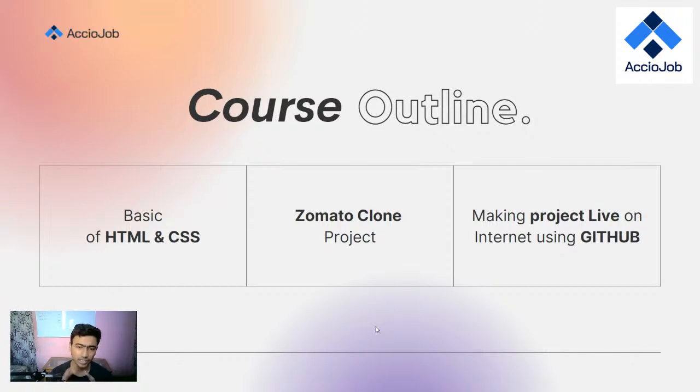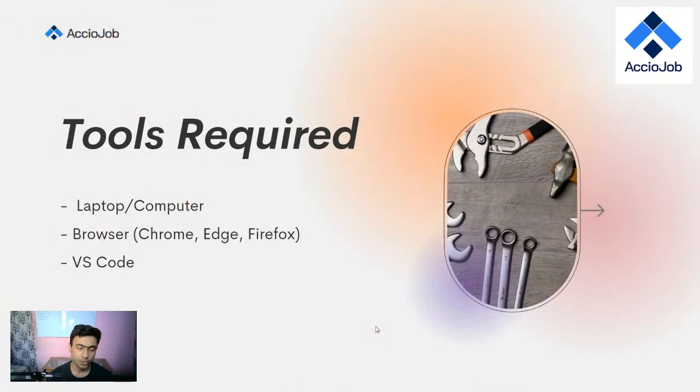After creating the project, you are going to put it online so that others can also see your project. So your project is going to go live. This is about what we are going to cover.